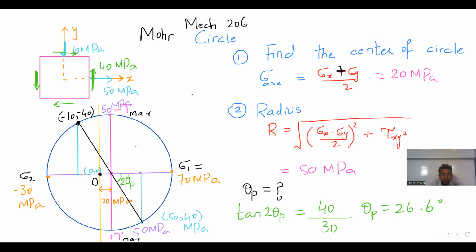What was the technique? Yeah, average stress plus radius gives me stress 1, and average stress minus radius gives me stress 2.